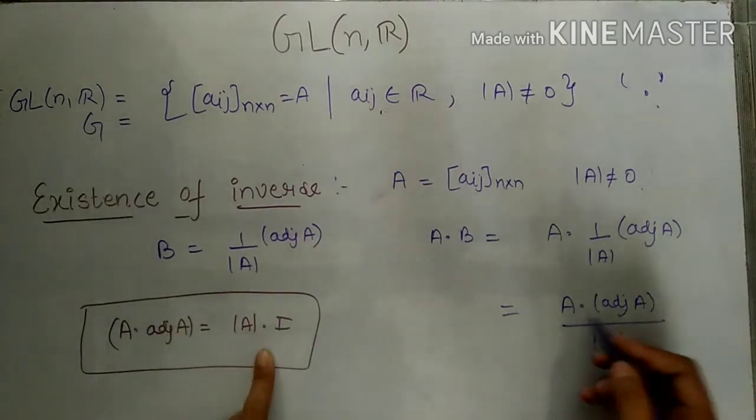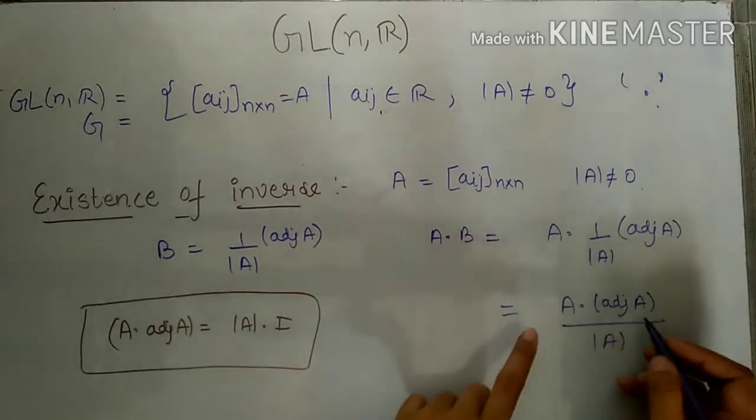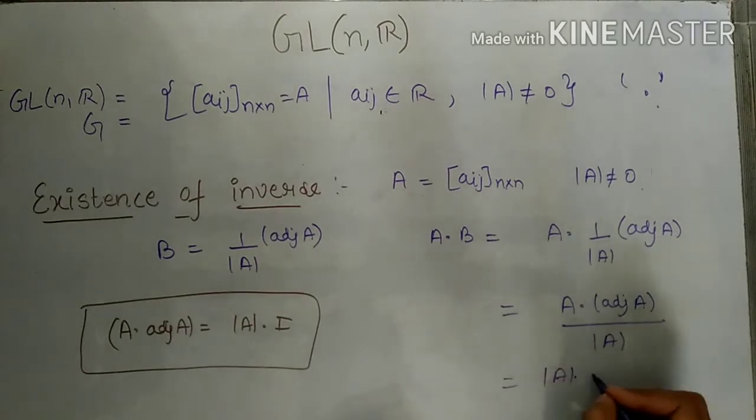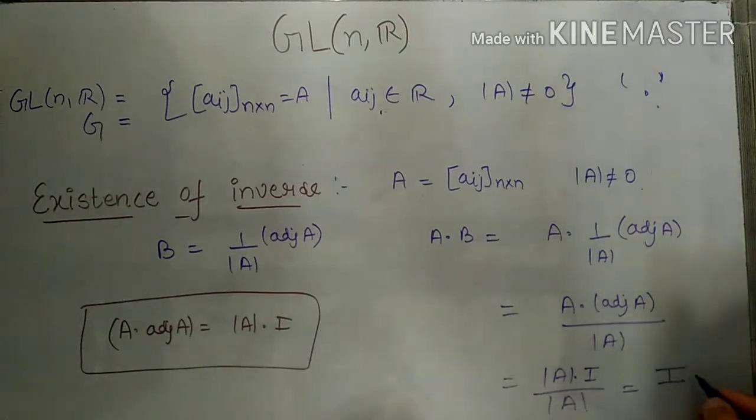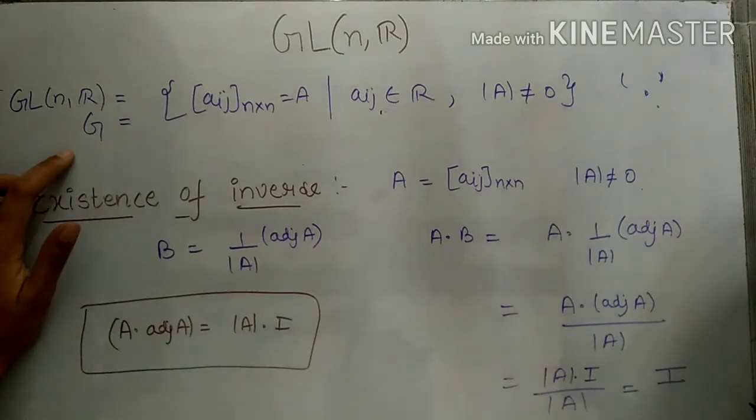So put value of this here. We get this is equal to determinant of A into identity, where I is identity matrix, divide by determinant of A. So this is equal to identity, where identity matrix is the identity element for the set G.